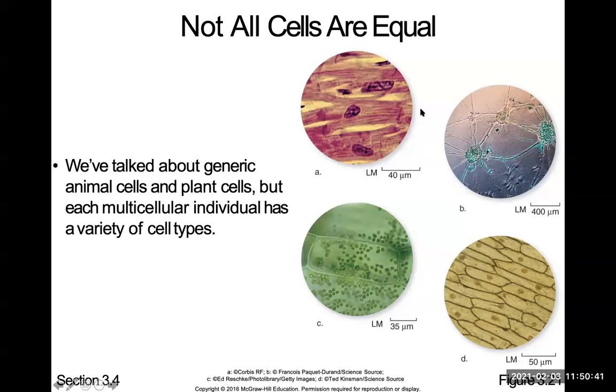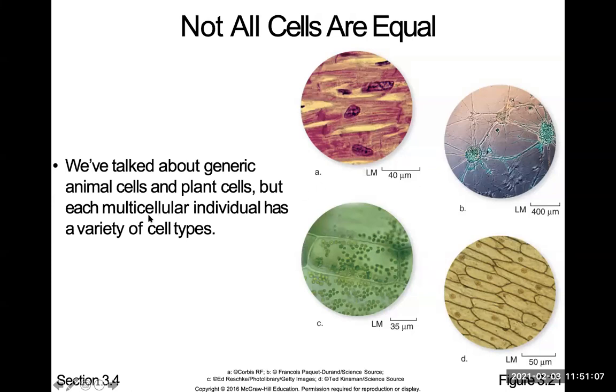Here, this is the neuron, a brain cell, that looks different. And this photo shows the leaf cell of a plant, and you can see chloroplasts, compared to this root cell. Sunlight cannot reach under the roots, therefore there is no chloroplast. So the structure might differ a little bit depending on the function of the cell.